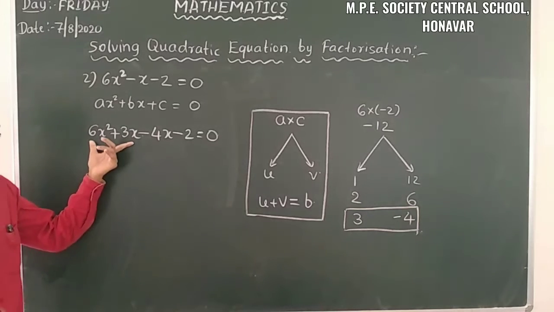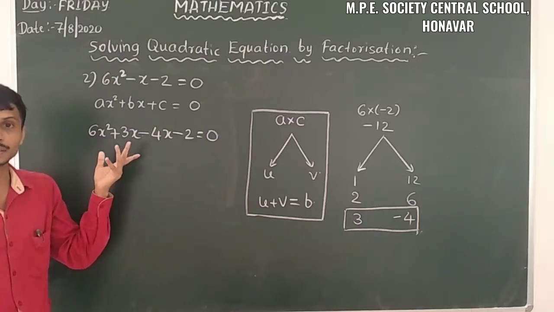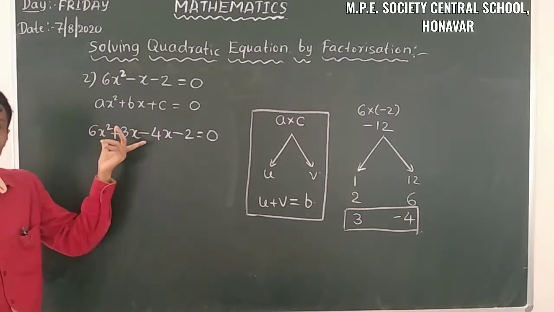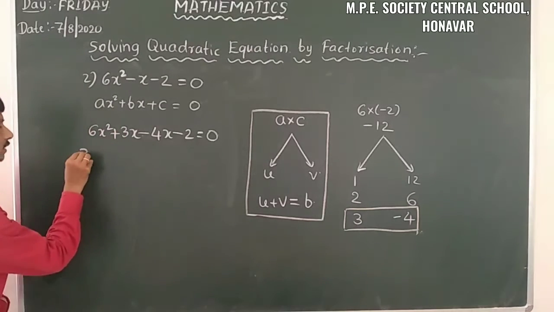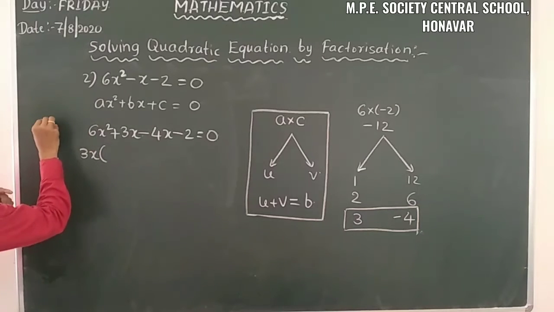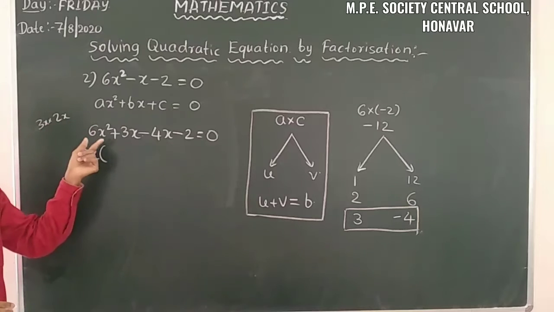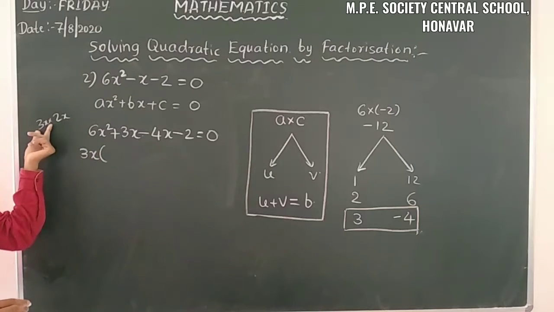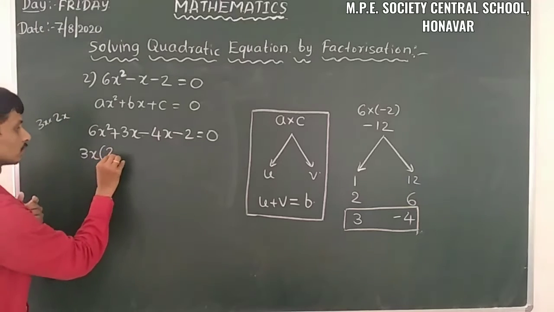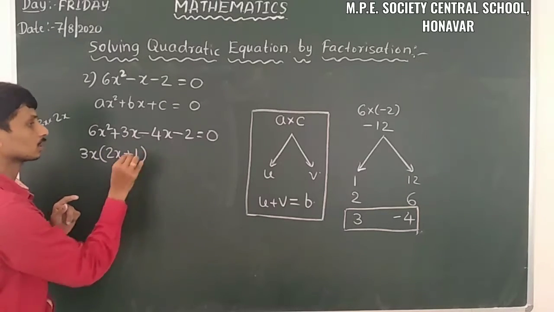Here I will take 3x common. 6 is also divisible by 3, so we can take out 3 here. So 3x into 2x is a factor of 6x square. When we take out 3x here, only 2x remains. Here 3x into 1, that means we get only 1.